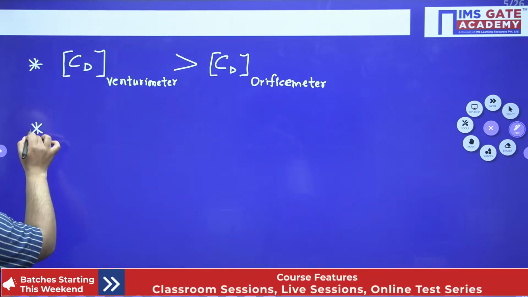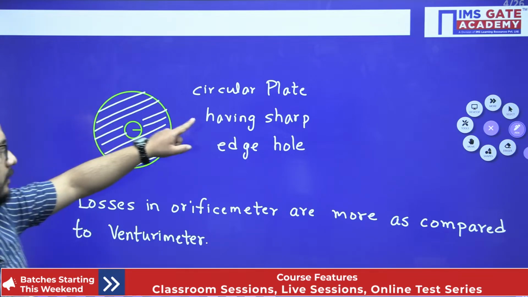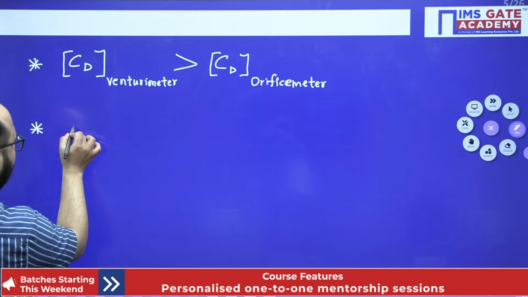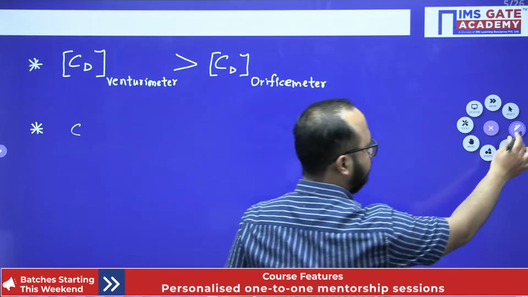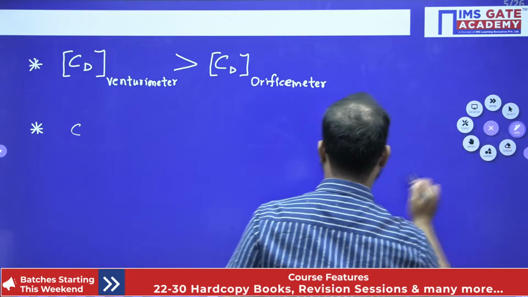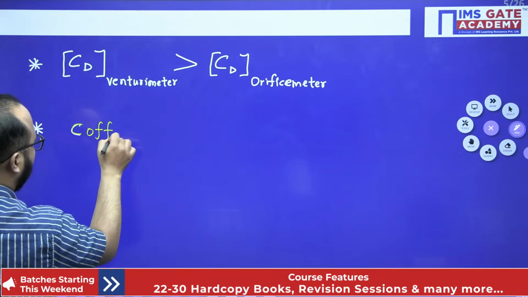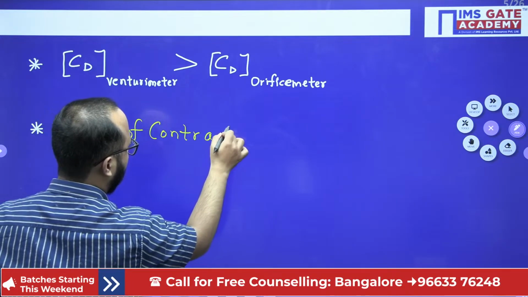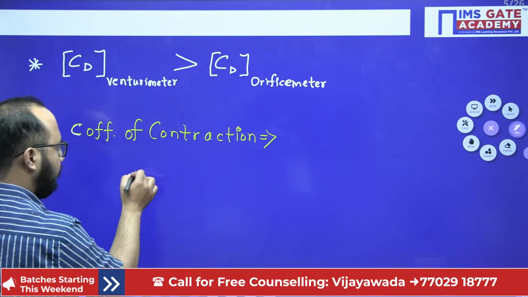Apart from that, as we have discussed a circular plate having a sharp edge hole, there is an important coefficient we need to remember here: the coefficient of contraction. What is the coefficient of contraction?